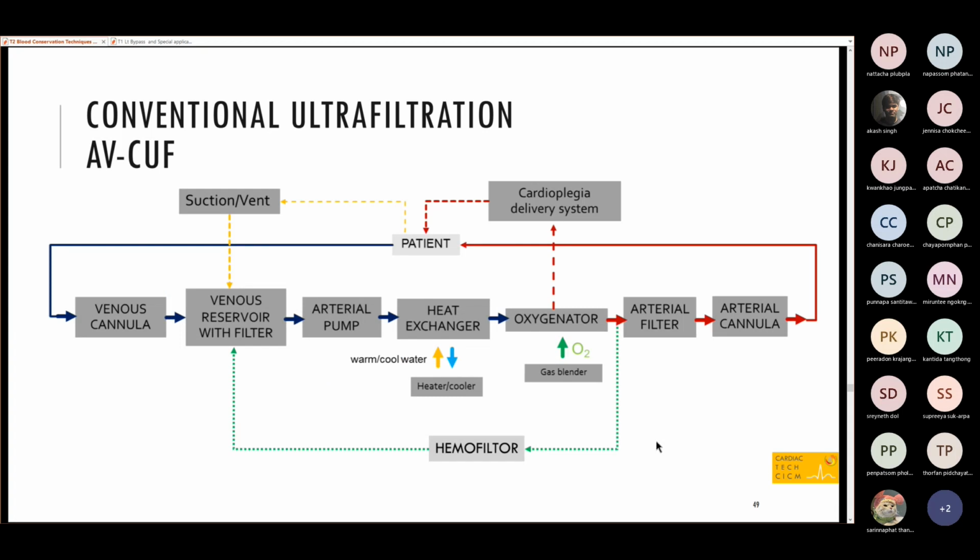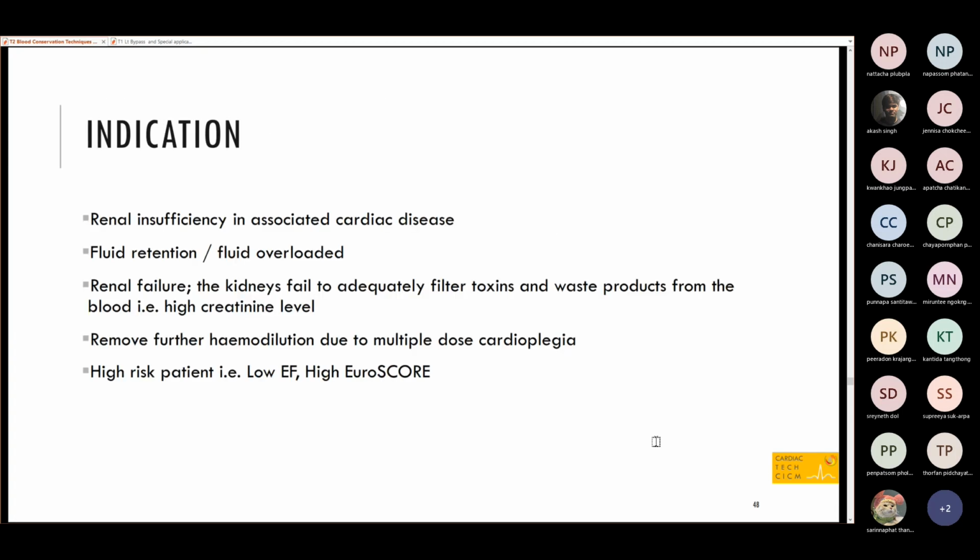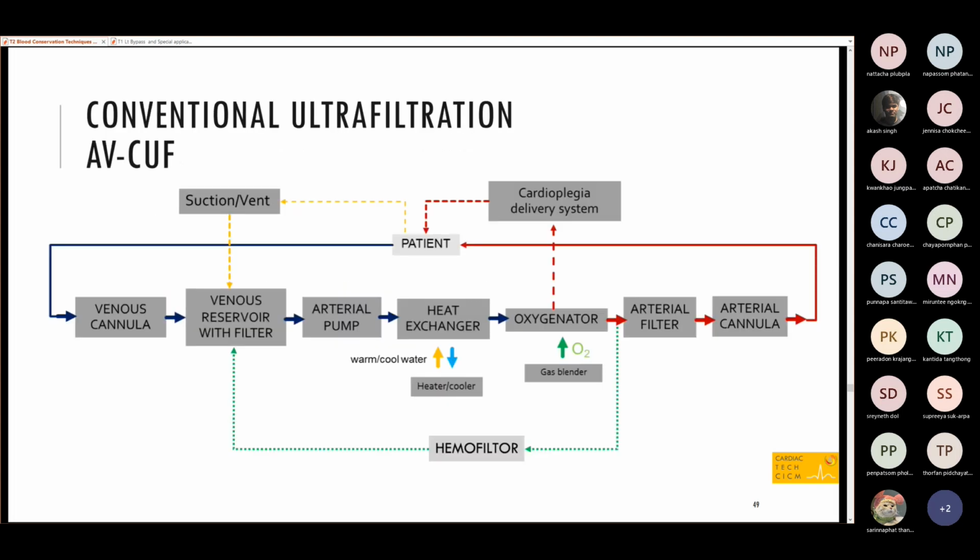So how do we connect the conventional ultrafiltration? Okay, I would like to start from the cuff first, and how we connect the filter to the circuit. So there are two types of cuff, which are the AV cuff and VV cuff. In the AV cuff, you separate the blood from the arterial side, after the pump, to the hemofilter by using another line.